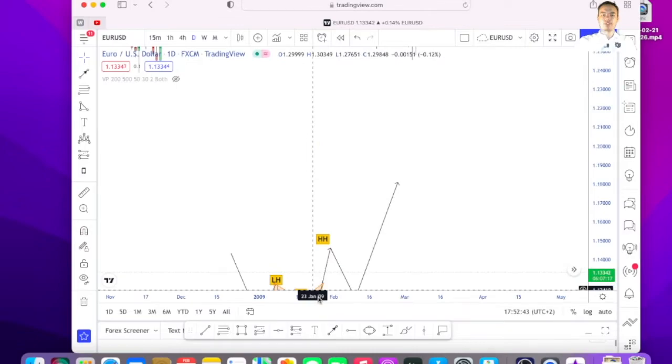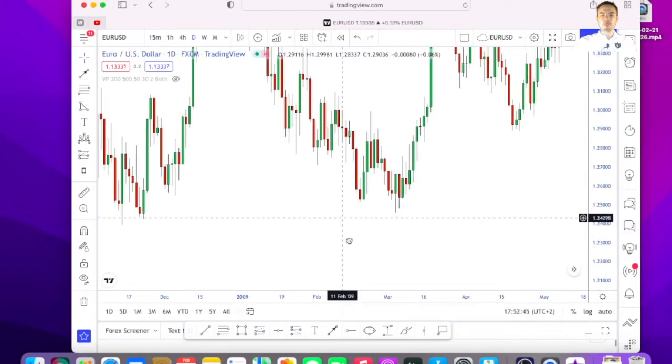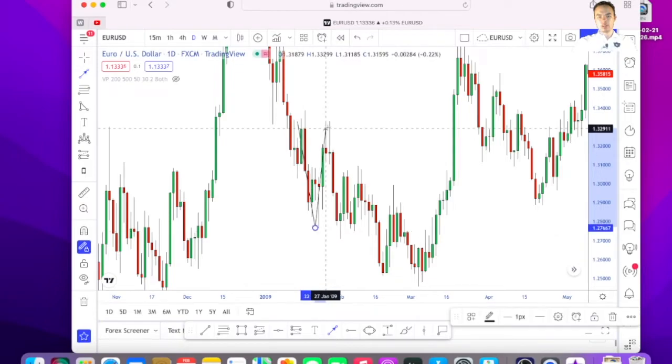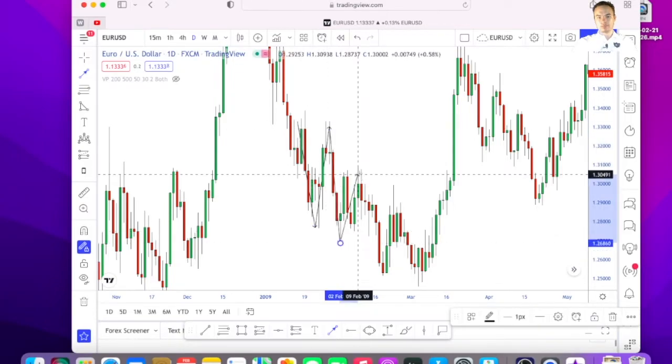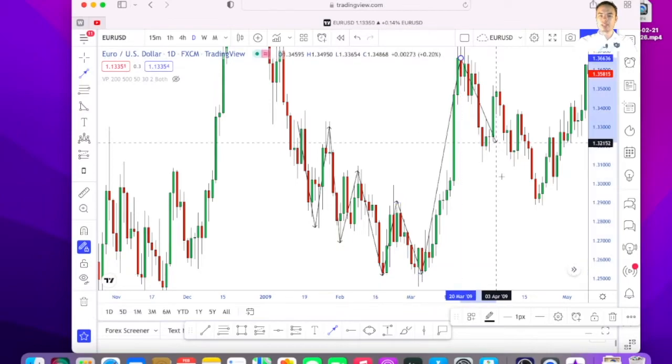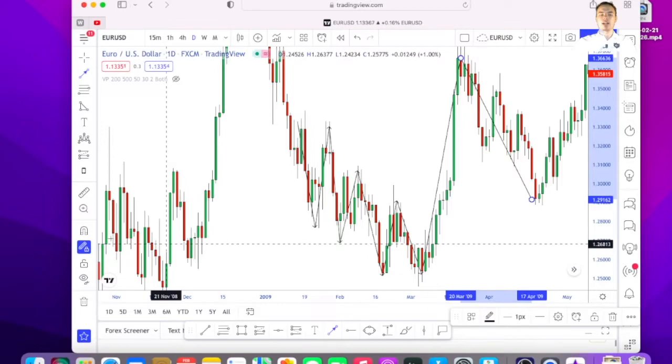If I show you above here, as you can see, price has made lower lows and lower highs, and then over here made a lower low, lower high, equal low, pushed right up to make a higher high, came down to test as a higher low.